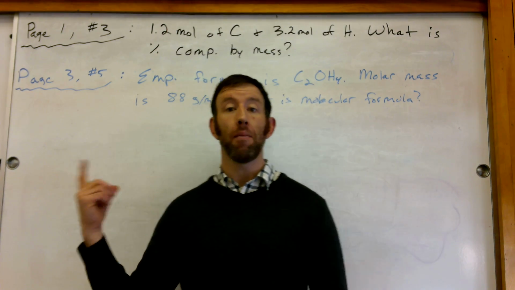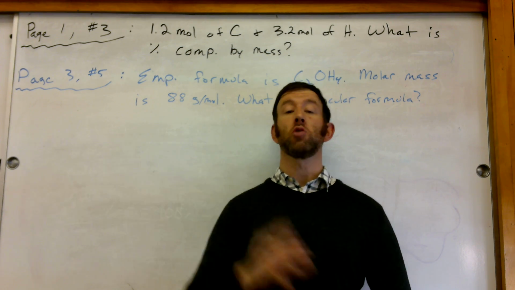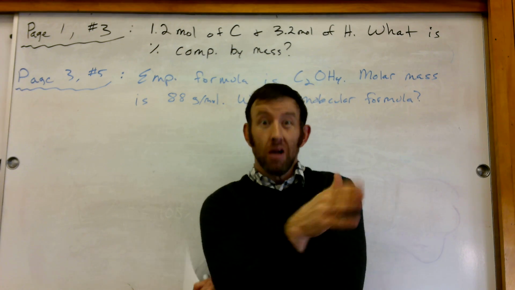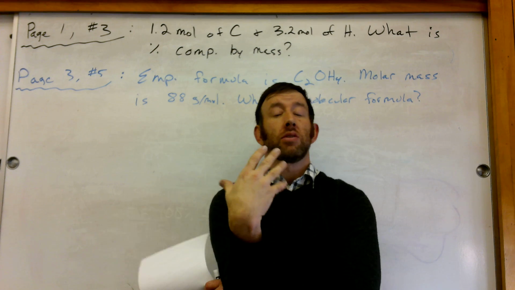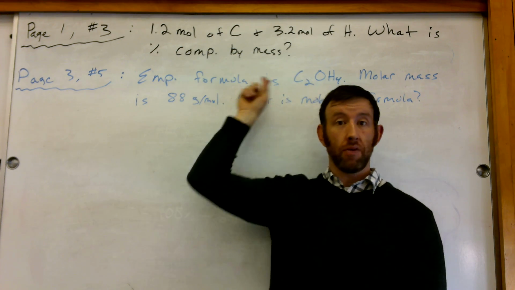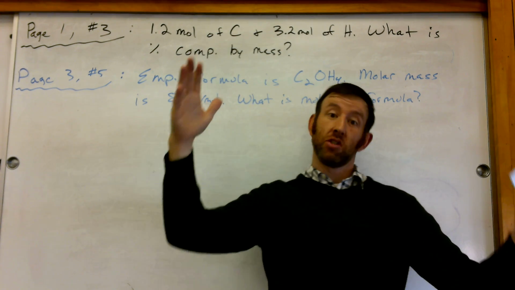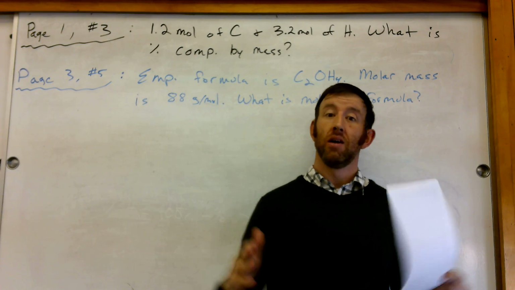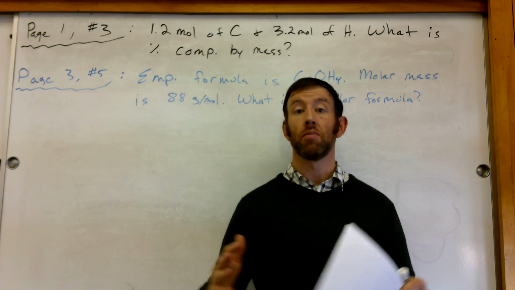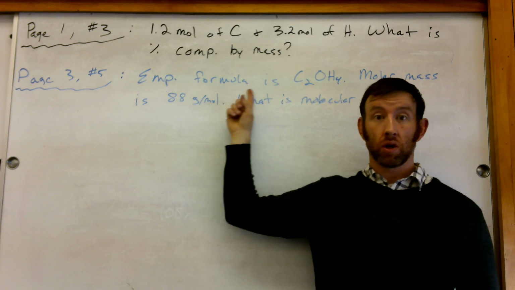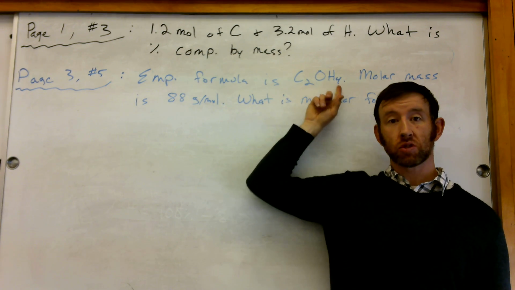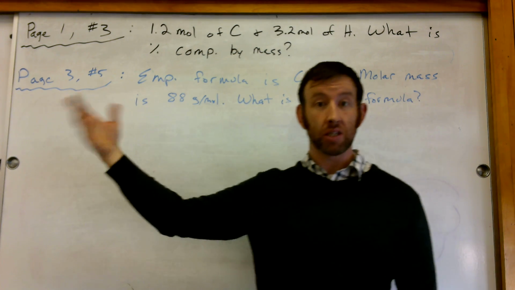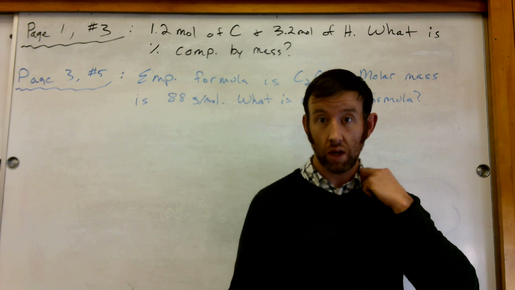So in this case, I'm already given the empirical formula. So if you remember, empirical formula is the same ratio of elements as the molecular formula. It's just been reduced to the lowest whole number ratio, right? And so often, not always, often for the actual molecular formula, we're going to have to increase our subscripts by the same factor to actually get the molecular formula, okay?